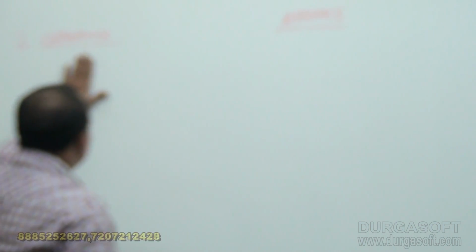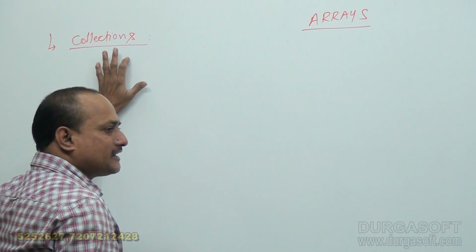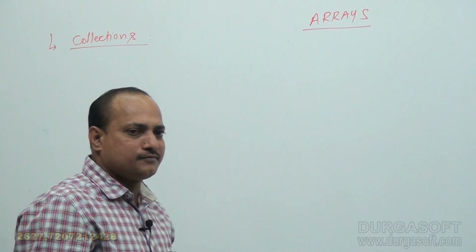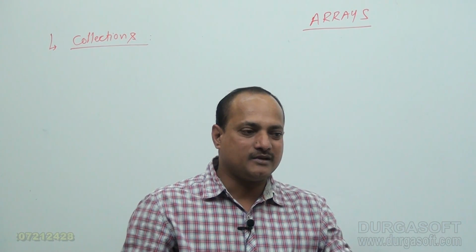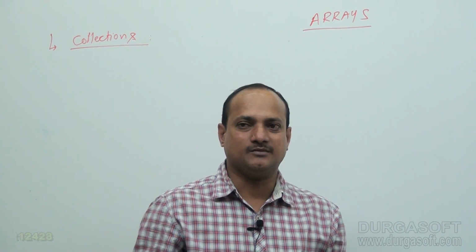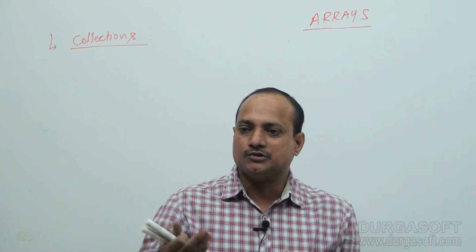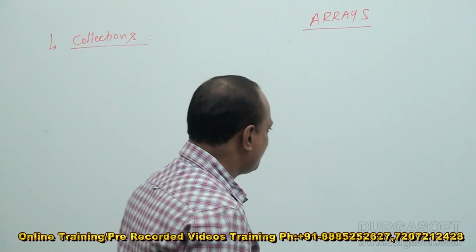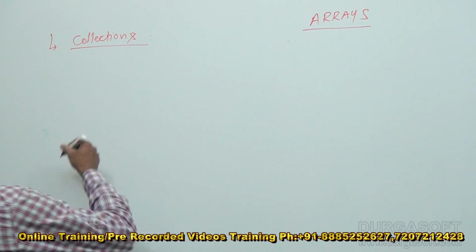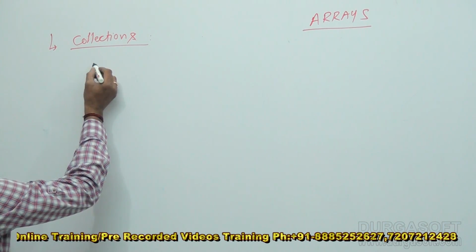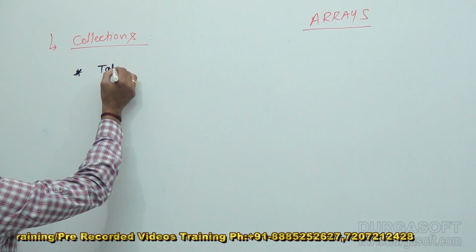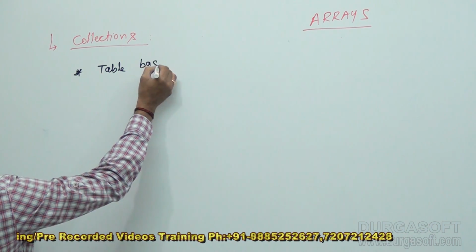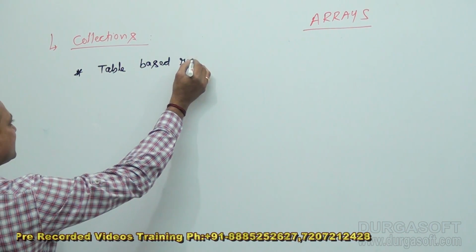What type of variables are there to store a collection of values? If you store a collection of values under one variable, then the variable is called a collection type variable. So how can I store a group of values? Already we have discussed some kinds of variables. Suppose one variable is a table based record.